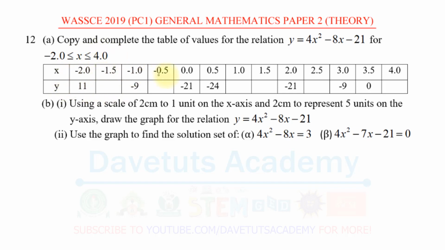So these are the entries they want us to work with for the values of x. These are some of the values of y that have been computed already. We are to copy that table and fill in these gaps. Since almost half of the entries have been filled for us, we can easily do that.